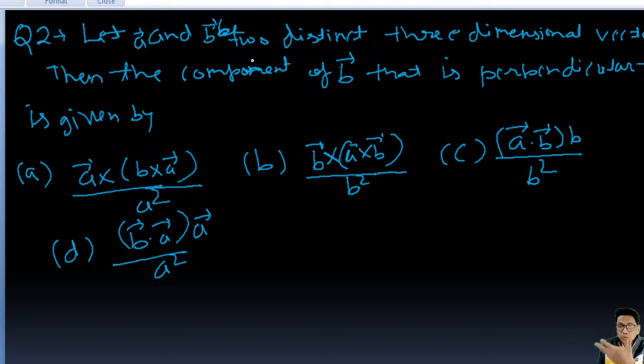So we have been given two vectors in three dimensions, and we need to find the component of B that is perpendicular to A. That's what we need to find. I'll use the next page for this and make a figure.